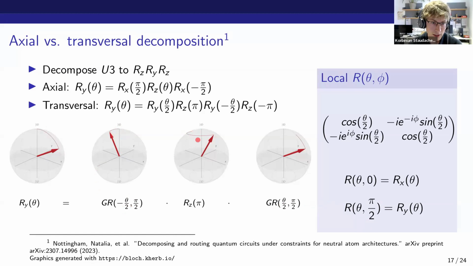Then we have a fast RZ rotation, and then another global rotation. And you see that in total we exactly have this angle theta, which we need as a global pulse. So this is minimal in terms of the global pulse, and that's why in the following evaluation we only use this transversal decomposition, because it's optimal in the global pulse, and we want to optimize for global rotations.